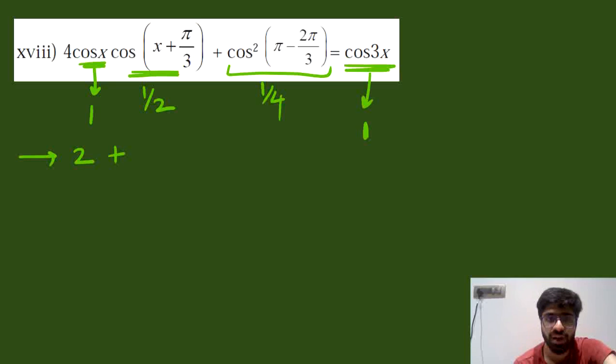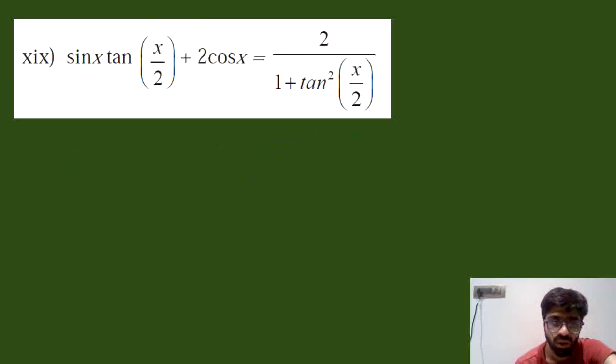So the left hand side becomes 2 plus 1 upon 4, which is 9 upon 4, and that is not equal to the right hand side, which is equal to 1. So there is some kind of a typing error in this question from the side of the textbook. So this is a question I am not solving in this video, and just bringing out that error in front of you. And with that, we go ahead with the last, that is the 19th question in this video.